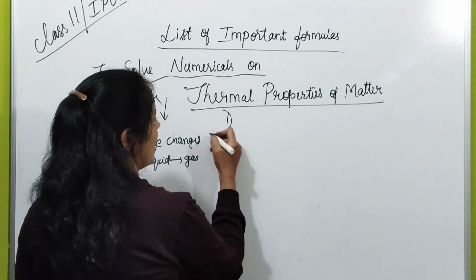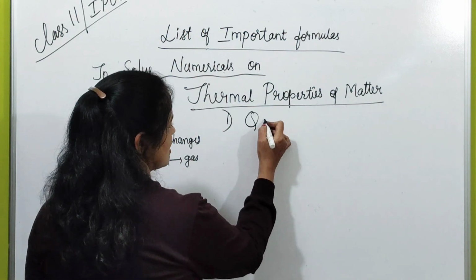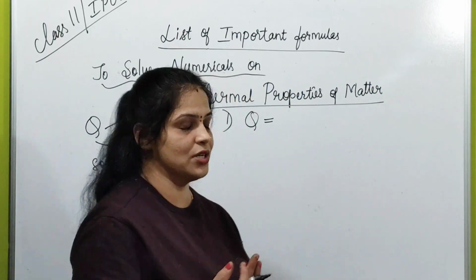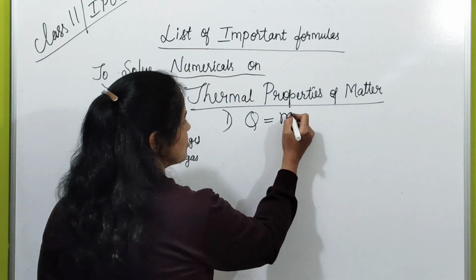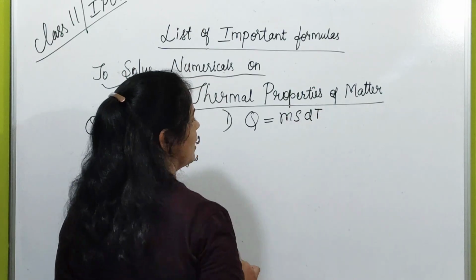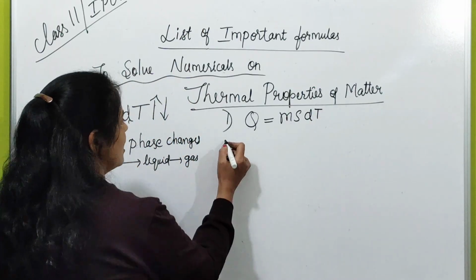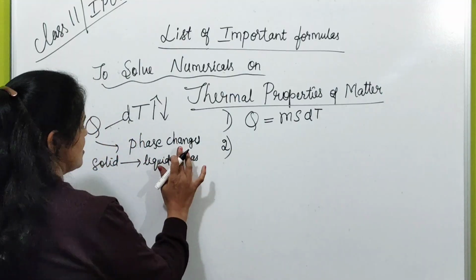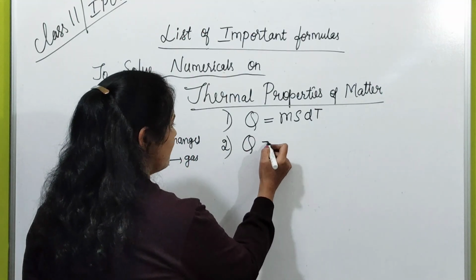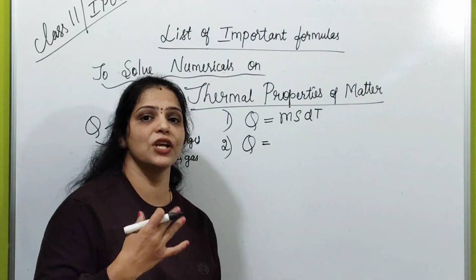If the temperature changes, then you use this expression: the amount of heat required to change the temperature can be written as mass of the substance, specific heat, and change in temperature. And if there is only a change in phase, then the amount of heat we supply is used to change the phase.